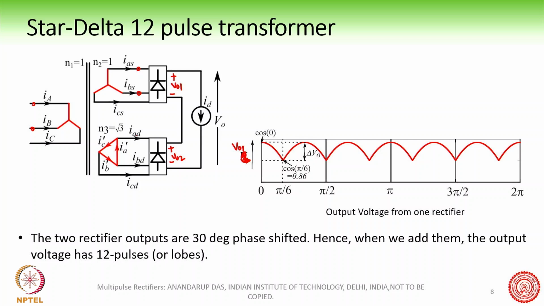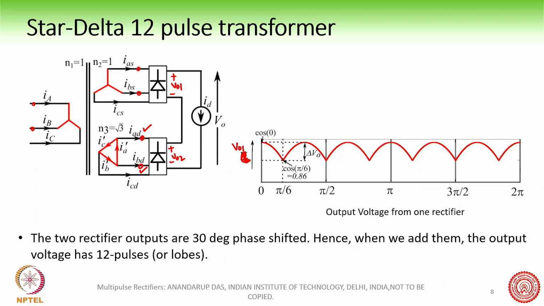However, the line voltage of the delta will have either a plus 30 degree or minus 30 degree phase shift, because the delta winding causes a phase shift between the primary and the secondary.